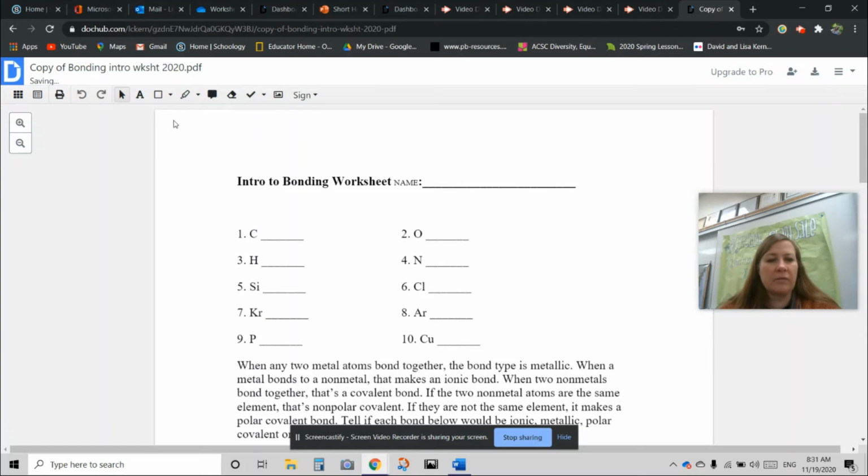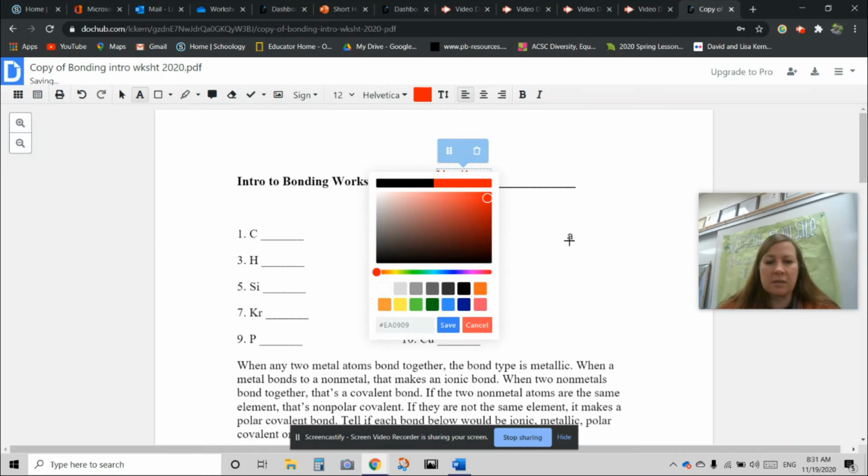And now I have all of these icons up here that I can use to annotate this document however I wish. So the first thing I'm going to do is get to typing, put my name here. Then I might want to change that text color because it's easier to see if we change it.